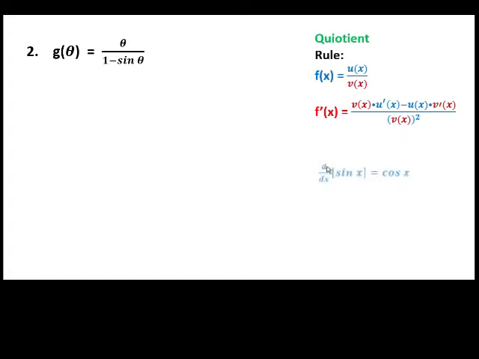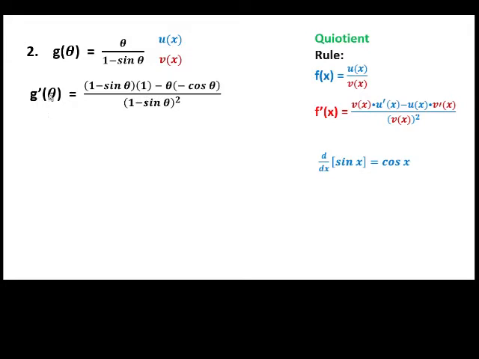And the derivative of sine x is cosine x. So this is the derivative of g of theta. G prime of theta equals the denominator times the derivative of theta with respect to theta, which is 1.